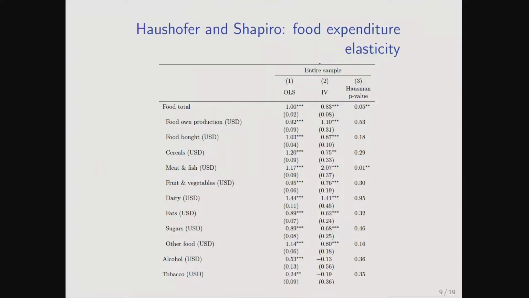Again, it's food consumption, so it doesn't take into account the quality increase. And you're seeing the same thing here, that meat and fish have a larger elasticity. So people substitute toward meat compared to cereals.